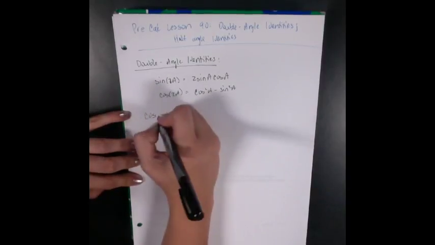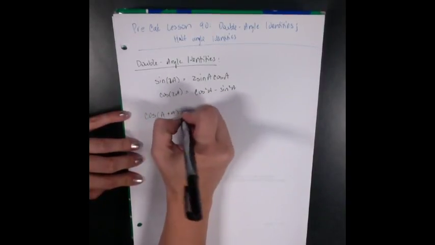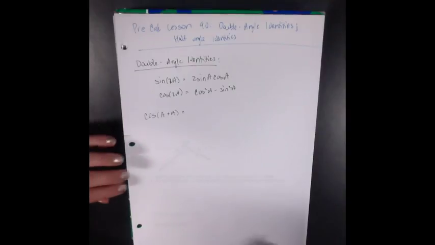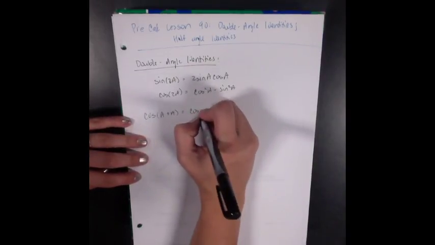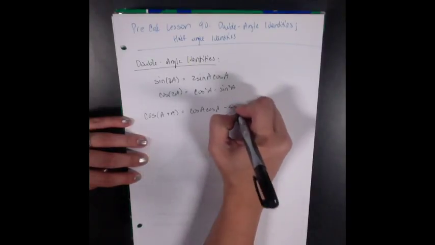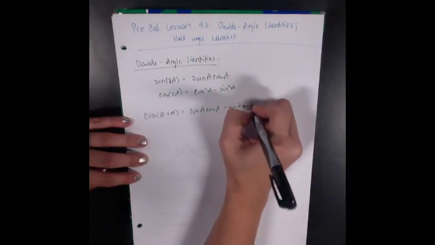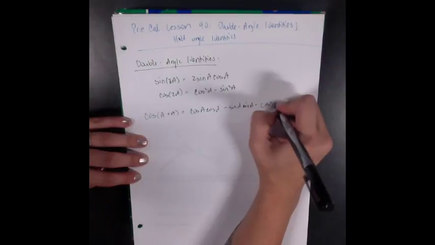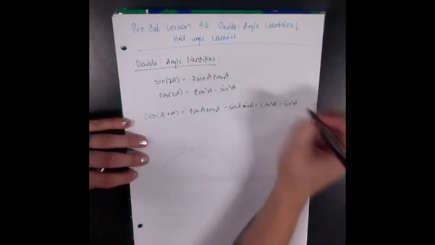So let's look at the cosine of 2a. We can rewrite this as the cosine of a plus the cosine of a, which we know then is the cosine of a cosine of a minus sine of a sine of a, which gives us cosine squared of a minus sine squared of a.